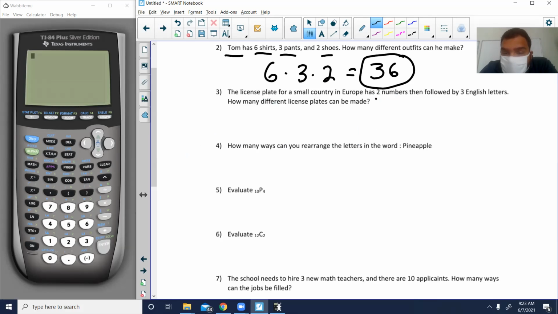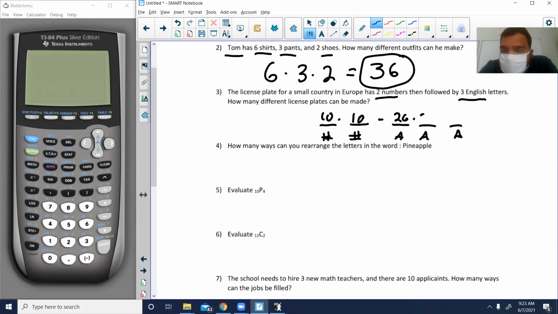All right, a license plate in Europe has 2 numbers followed by 3 letters. So your first 2 slots are numbers. Your last 3 slots are letters. So the first 2 symbols are numbers. There are 10 numbers, 1 through 9 plus 0. So 10 times 10. The English alphabet has 26 letters.